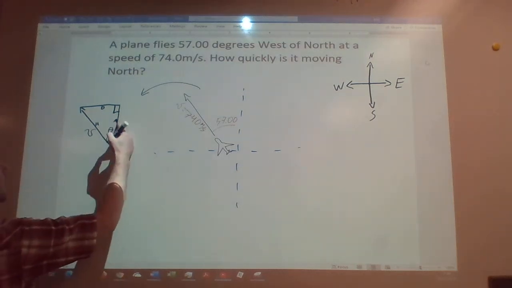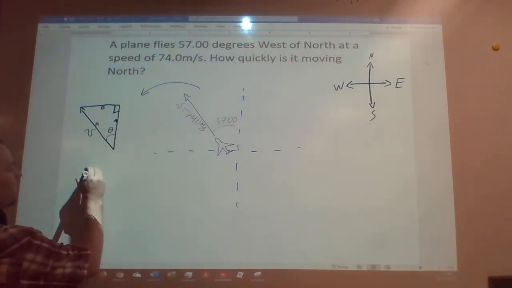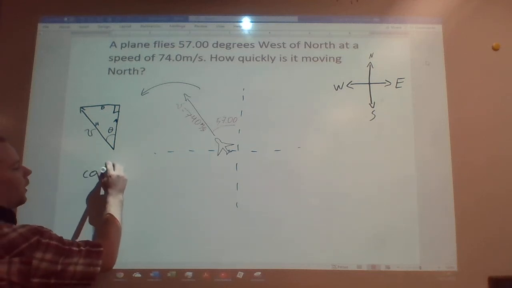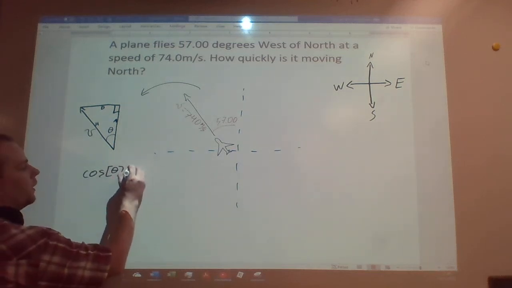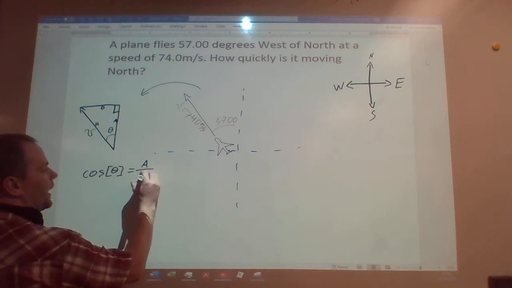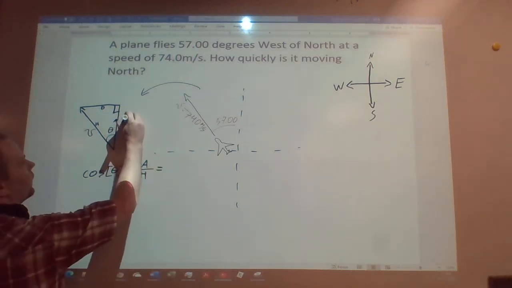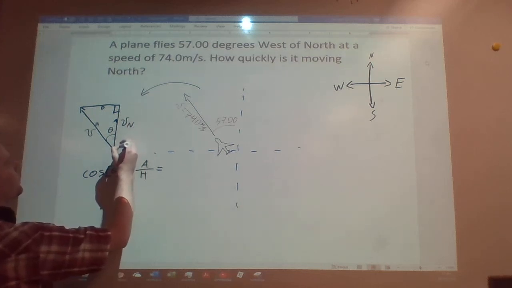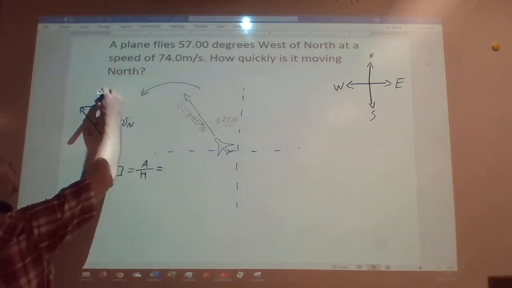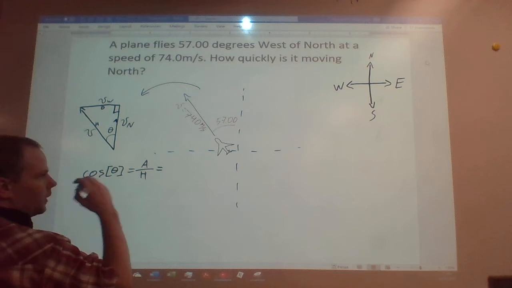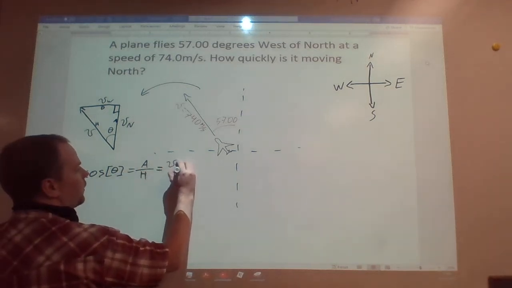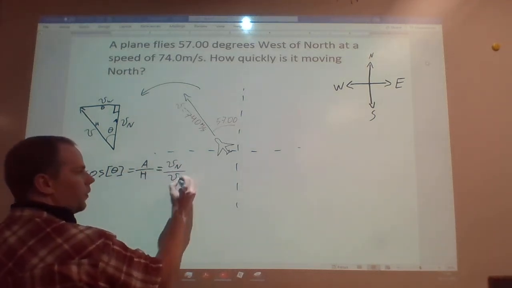So then adjacent is cosine. The cosine of theta is equal to A over H. A is going to be the velocity north, while O would be the velocity west. So the velocity north divided by the velocity.